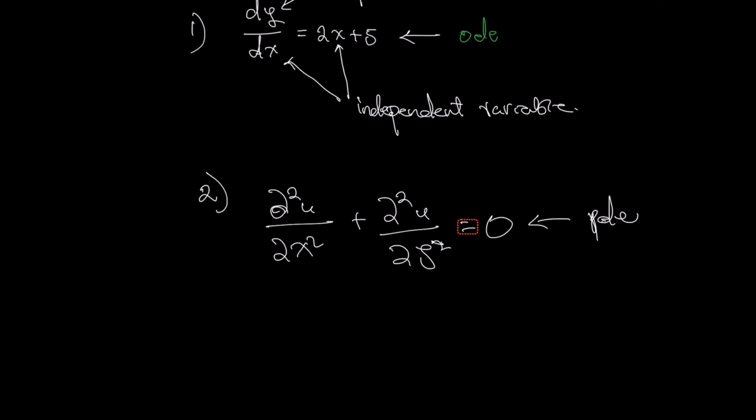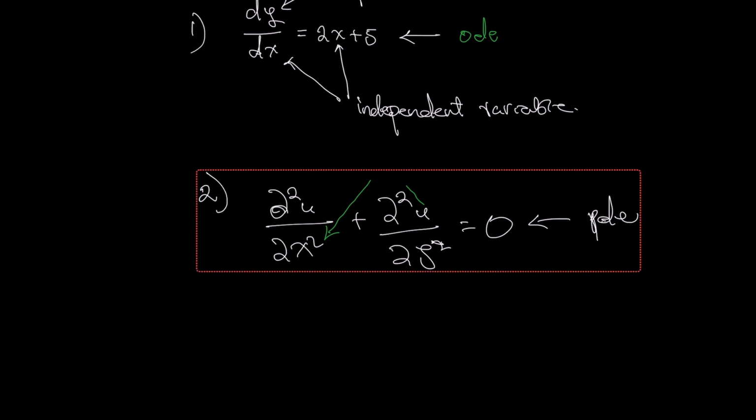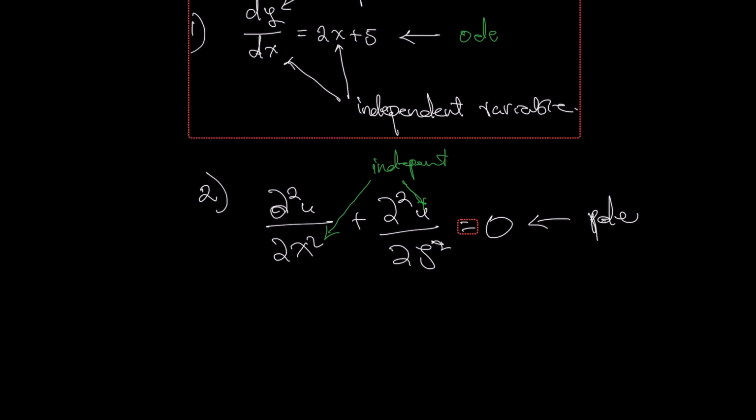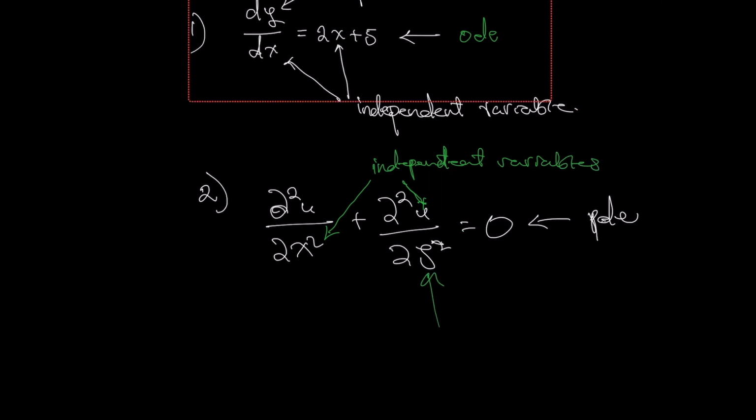So we can say x and y are the independent variables, and then u is the dependent variable.